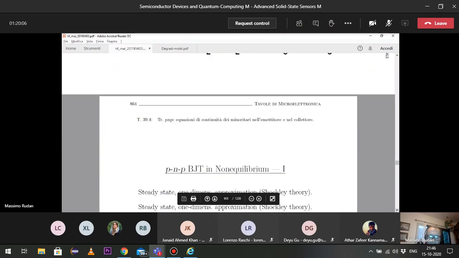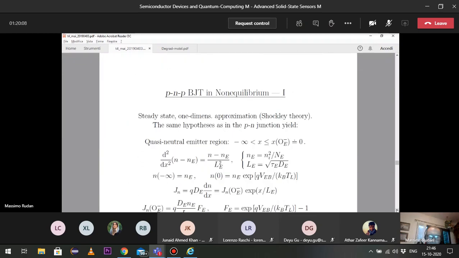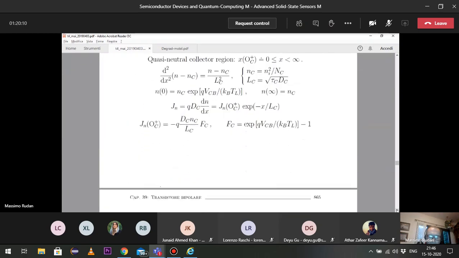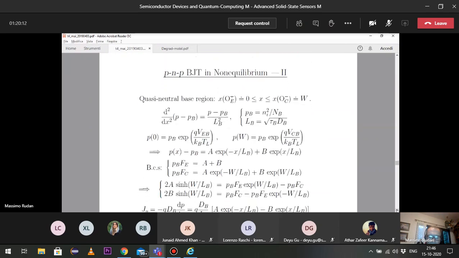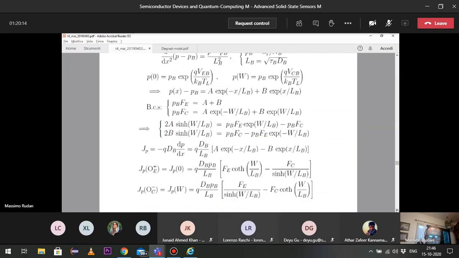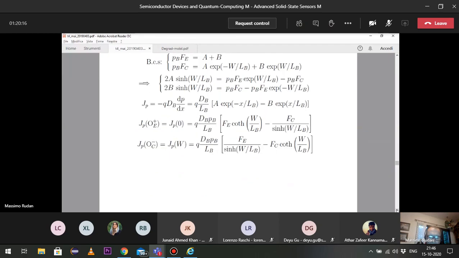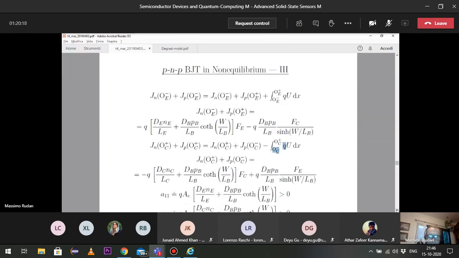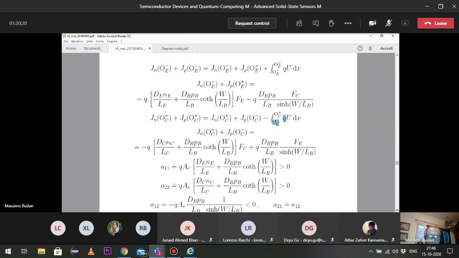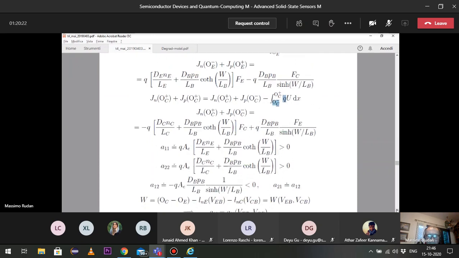Well, of course, we have to look at the coefficients because the coefficients, as we already noted, depend on the ratio W over L_B. Okay, so the coefficients are A11, A22, A12.